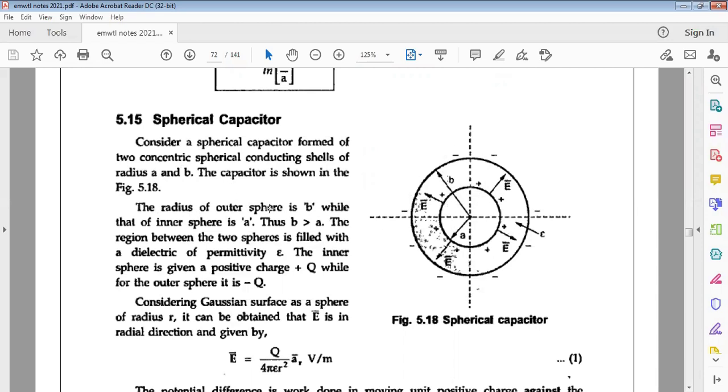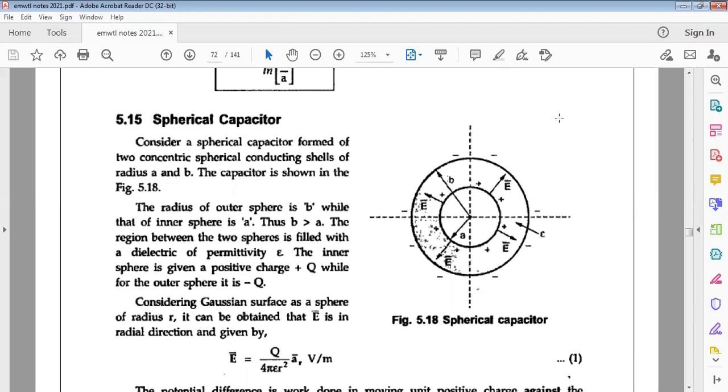The radius of the outer surface is B, while the inner surface is A. Thus, B is always greater than A. The region between the two spheres is filled with dielectric of permittivity epsilon. The inner sphere is given a positive charge, while the outer surface has charge negative Q. The same concept we are taking.